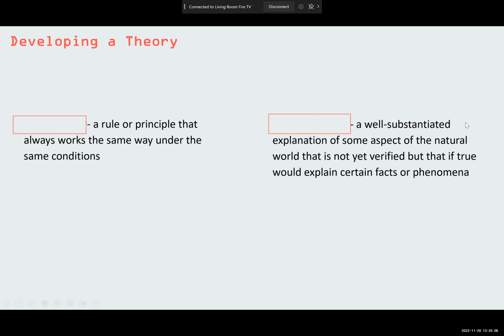All right, developing a theory. What is a rule or principle that always works under the same conditions? Caitlin, do you know what that is? That's a law. And then Parker, a well-substantiated explanation for something. What's that one? Not a law, but it's an explanation.